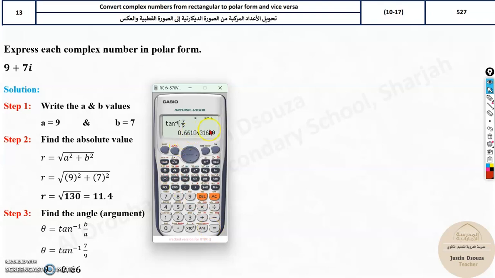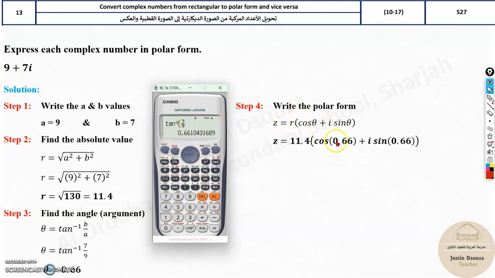See, now there are so many other decimal points which we are not considering. So while checking, it will not be accurate enough. Now all you need to do is put it in this form, and that's it. Now I will show you over here. If you multiply this 11.4 into cos of the theta value, it'll be more accurate. Still it is not accurate.